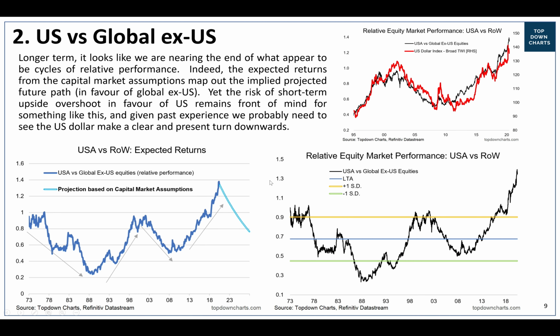And then lastly, just a couple of parting shots before wrapping this up. One thing to note here is the path of US versus global ex-US relative performance. Firstly, you can see that this relative performance has been quite extreme.